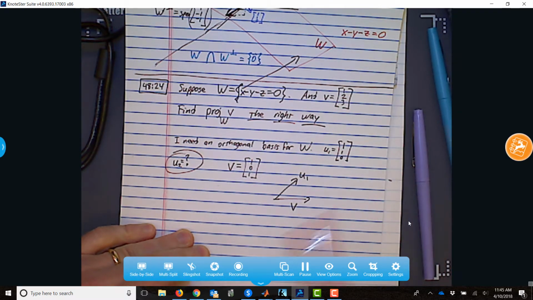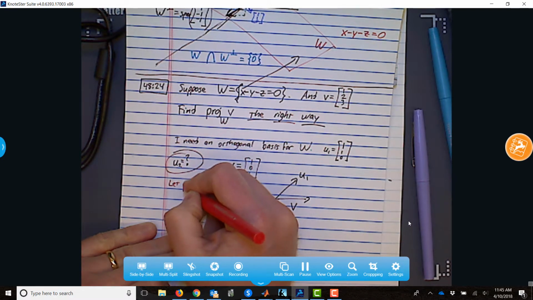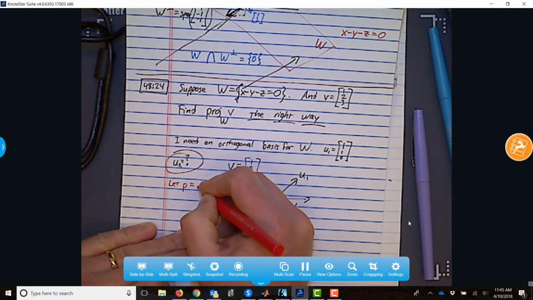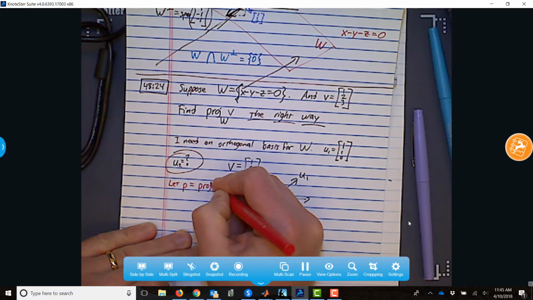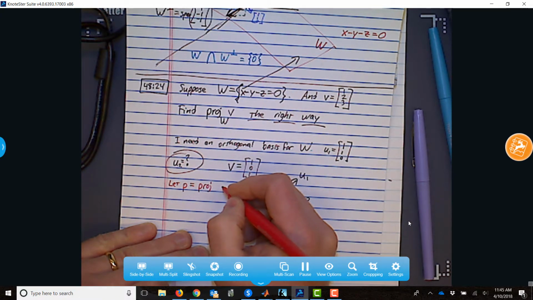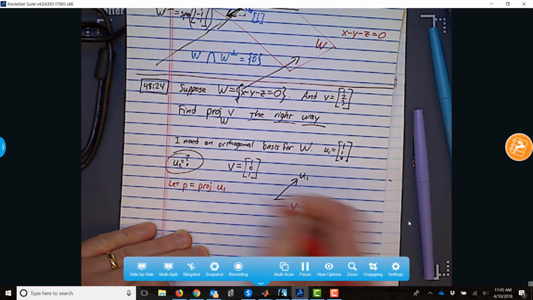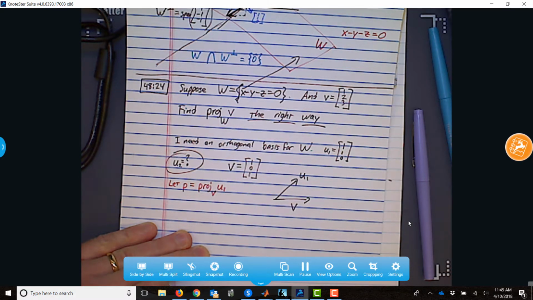What I'm going to do next is this. I'm going to let P equal the projection of U1 onto V. Question, Jake? Can you just set up a system?